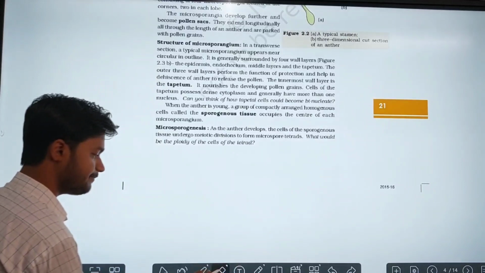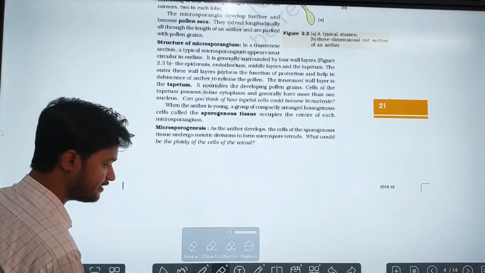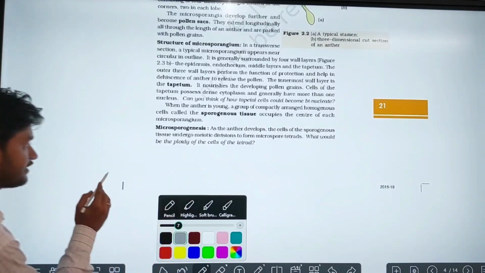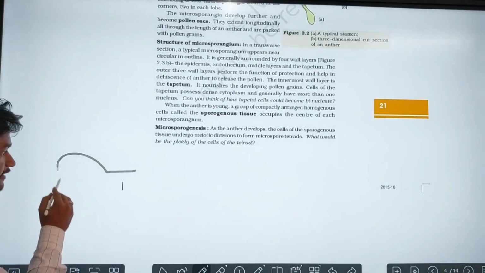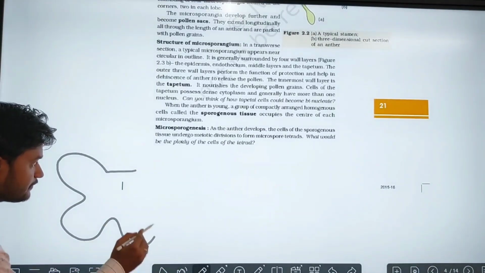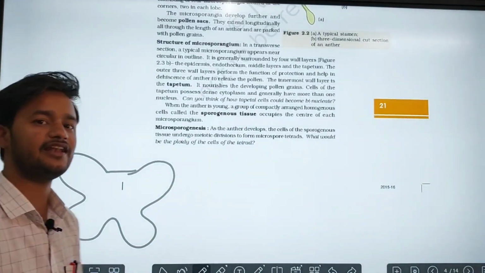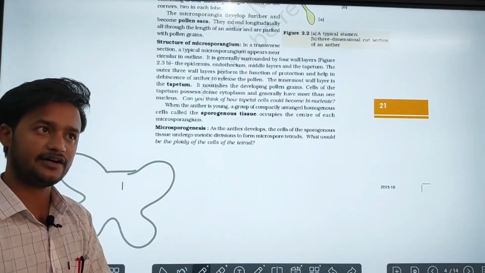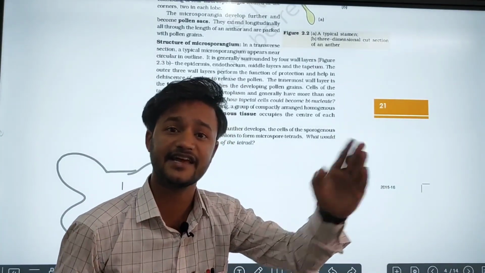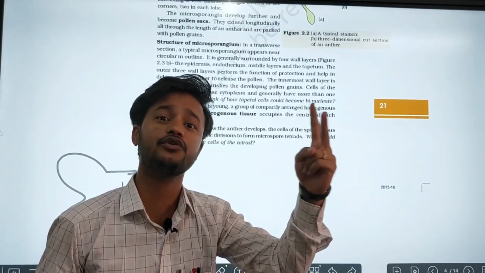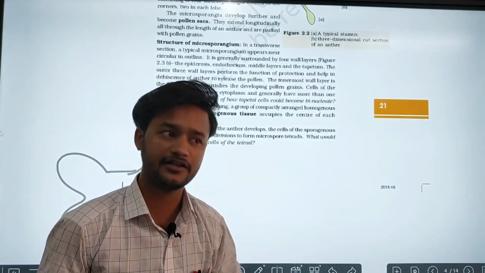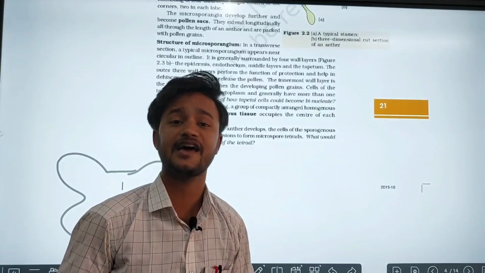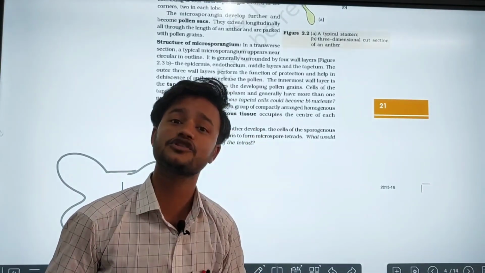So consider this is the TS of young anther. It is tetragonal in nature because it consists of 4 corner regions, and we know that a bilobed dithecous anther consists of 2 lobes and 2 chambers. It contains 4 microsporangia.